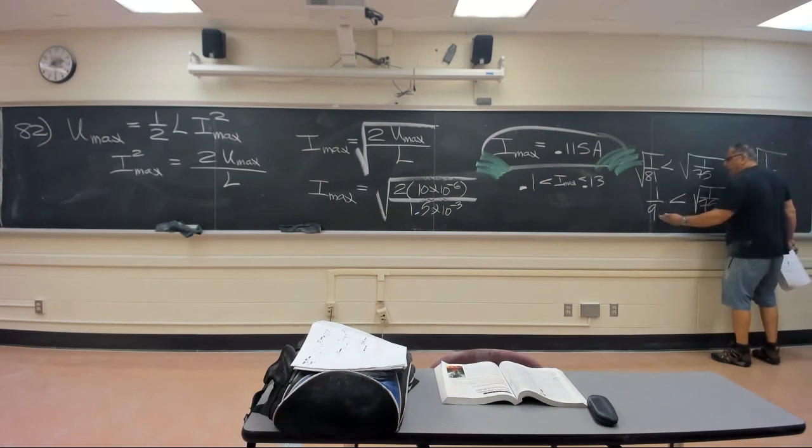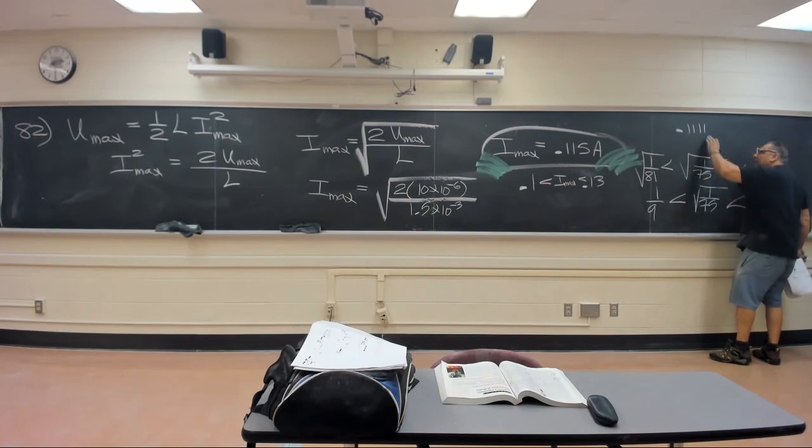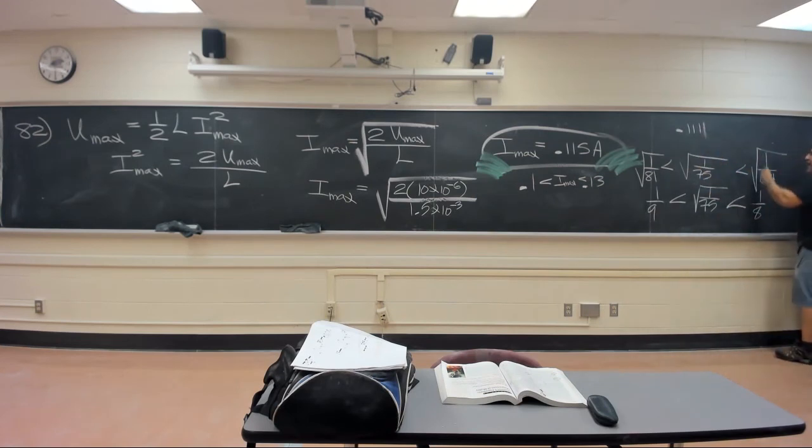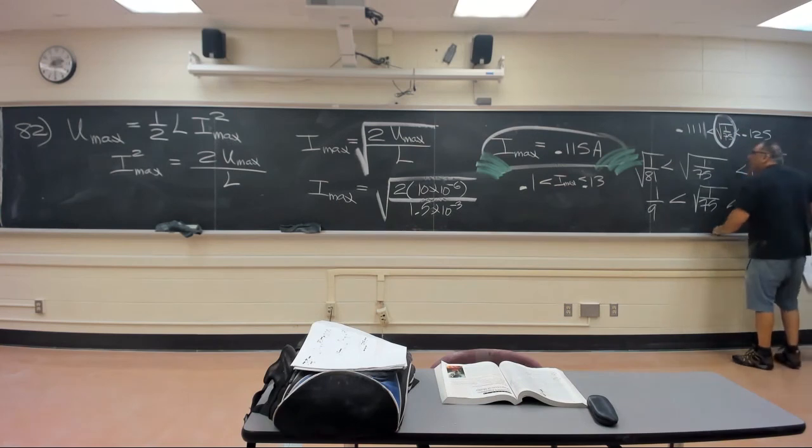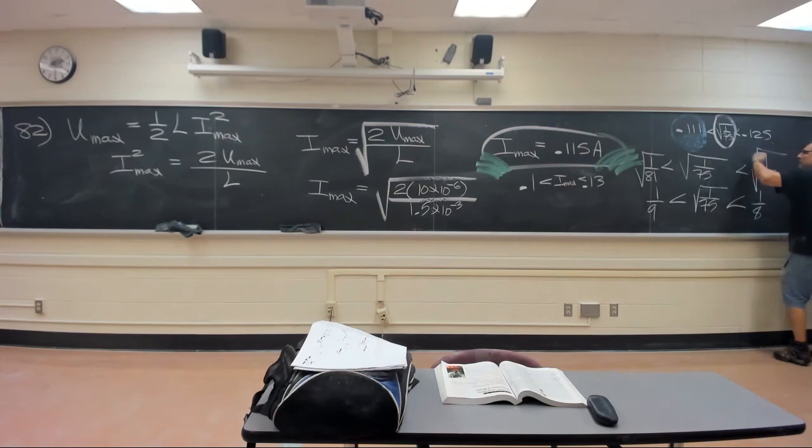We're getting an answer here. 1 over 9 is about 0.111, a whole bunch of ones, and 1 over 8 is 0.125. So we're thinking the square root of 1 over 75 should be greater than 0.111 and less than 0.125.